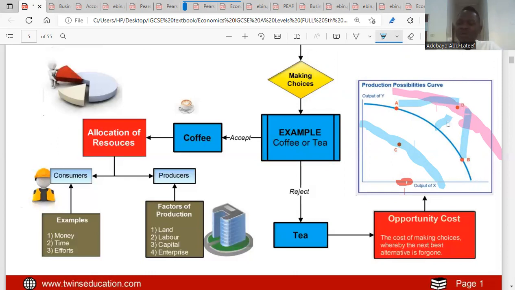And what are the situations that will make output X to have an outward shift from B to D? So what are the situations that will occur?